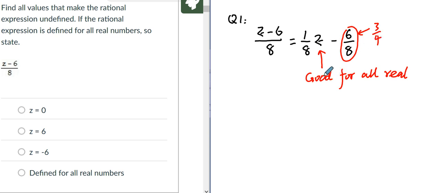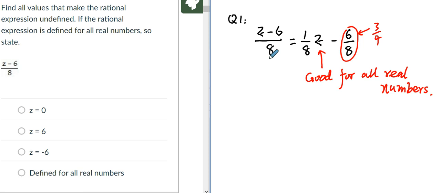Here, z is good for all real numbers. You put any number here, it can multiply 1/8. All real numbers. Okay, so that's why our choice is defined for all real numbers, the last one.